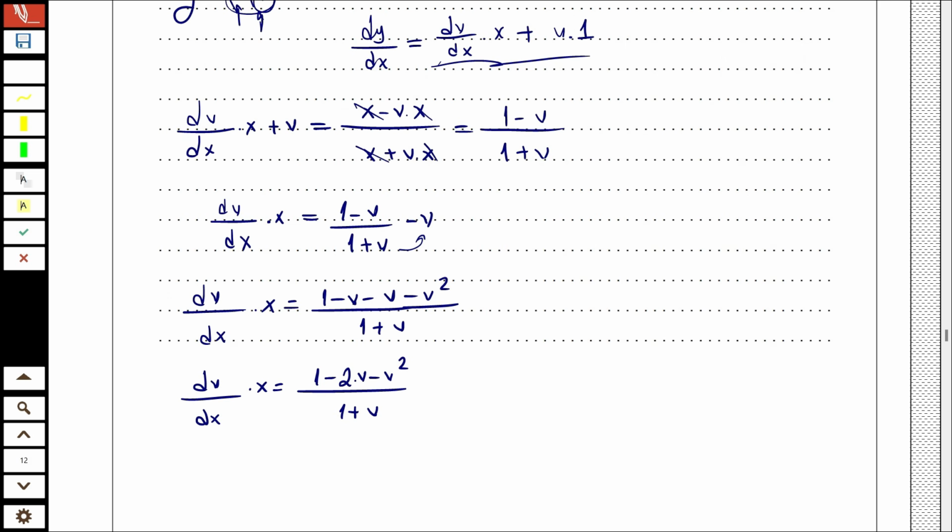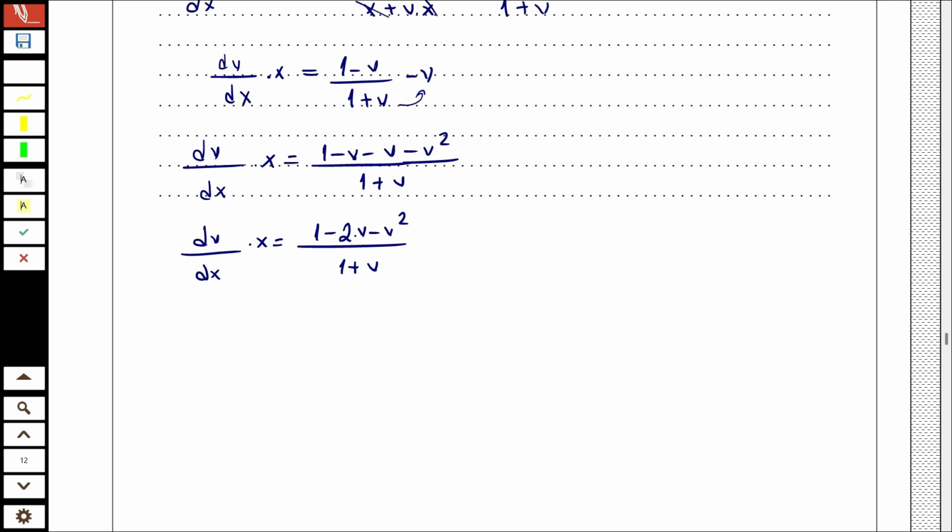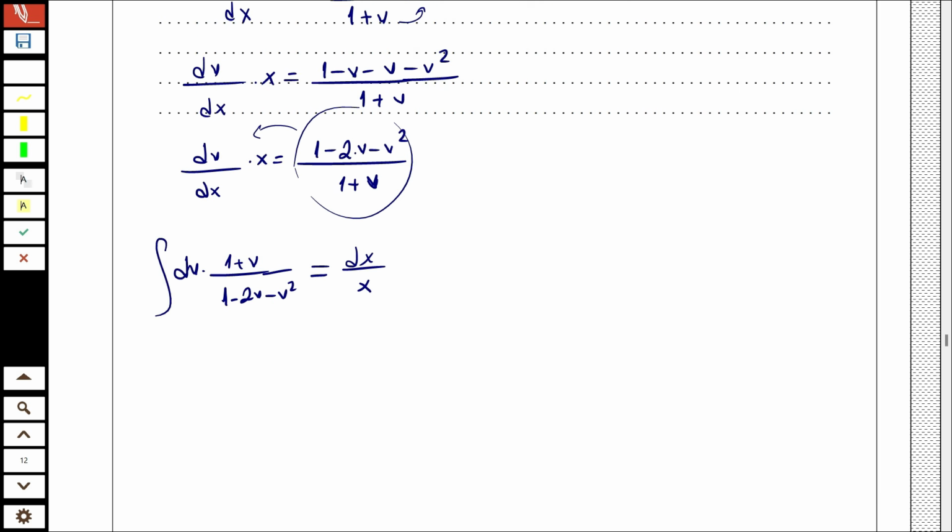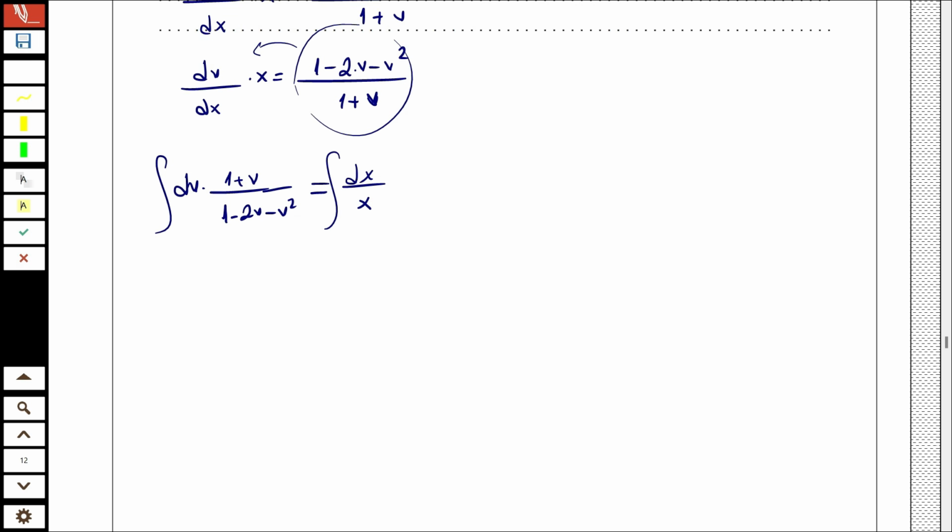So from here, I will continue and say that let's cross multiply and change the place of this fraction to the left side, and it's going to be dv times 1 plus v divided by 1 minus 2 times v minus v squared equals dx divided by x, right? So we're going to use now the integral of both sides, and you can see that since the derivative of the denominator is at the numerator, you can use the function ln.